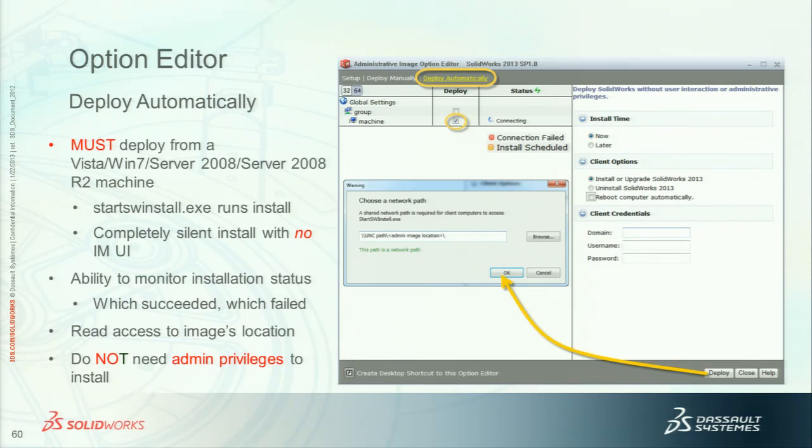It's installing. So stuff's going to pop up after, however good your machine is. After half an hour, the SolidWorks icon's going to pop up on the desktop. So it's completely silent. The user wouldn't know what's going on.